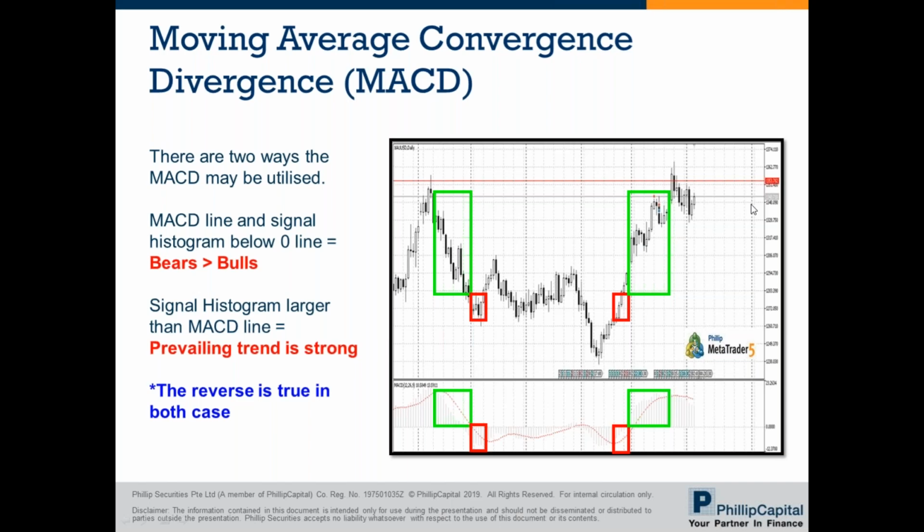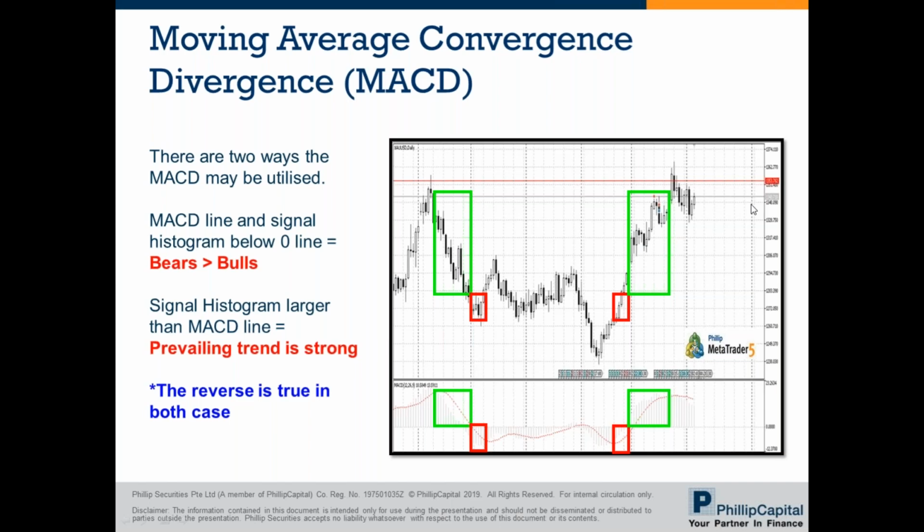So this shows that the bears are stronger than the bulls. And I bring your attention towards the right, on the second green rectangle. You can see on the MACD indicator that both the MACD line and the signal histogram are above the zero line. So this tells us that the bulls are stronger than the bears, and it is reflected in the chart that prices are moving upwards.